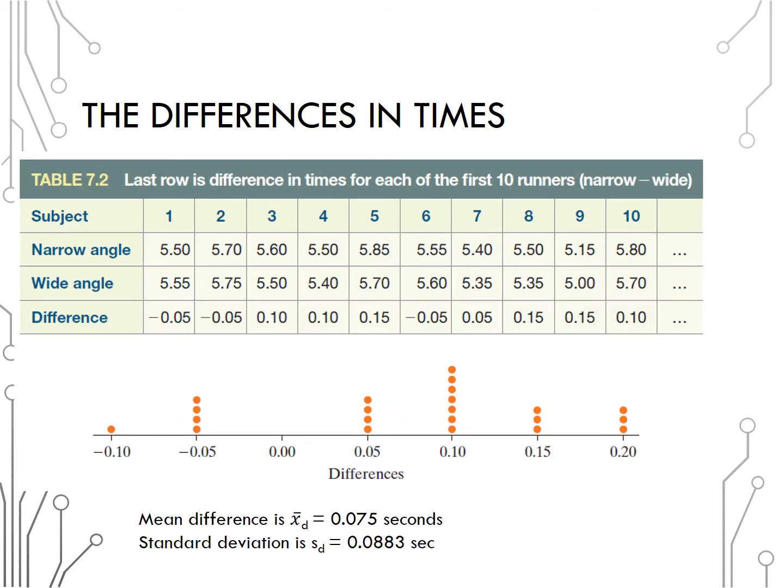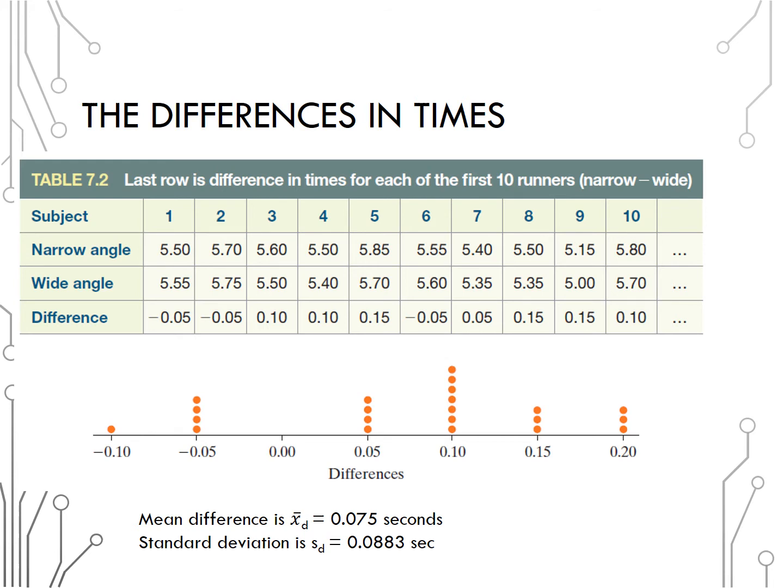Here, we've added a table that displays the differences for each runner, and now we have a dot plot of the differences in times for each runner, using narrow path minus wide path as the order of subtraction. Based on this dot plot, does there appear to be a path that is faster than the other? Yes.